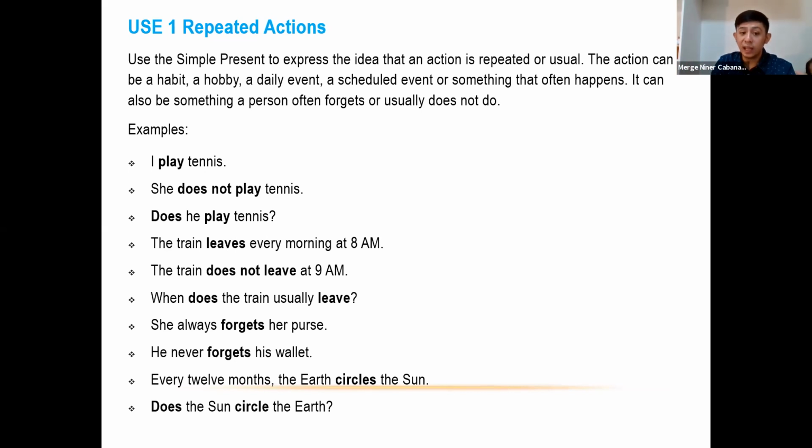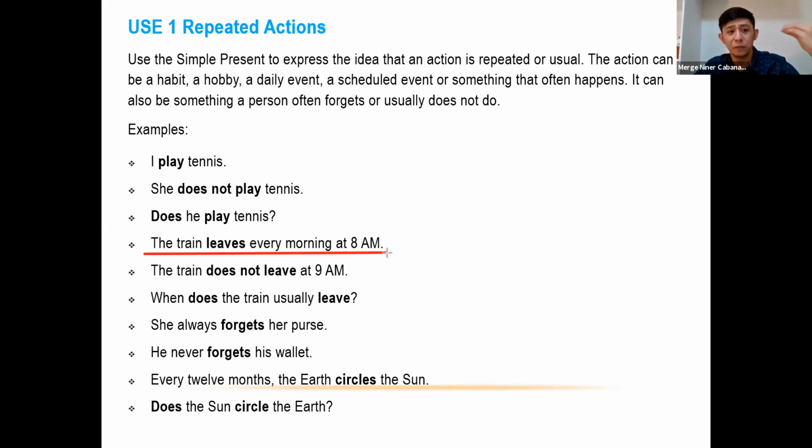The train leaves every morning at 8 a.m. Sir, I have a question. Why are we using the train leaves every morning at 8 a.m.? It is not yet 8 a.m. for tomorrow. I am referring to the schedule.